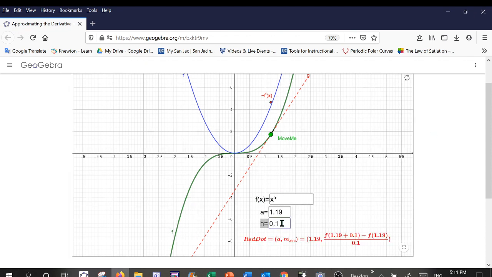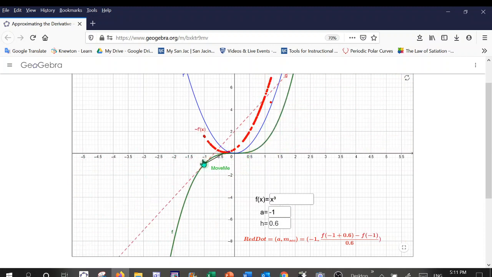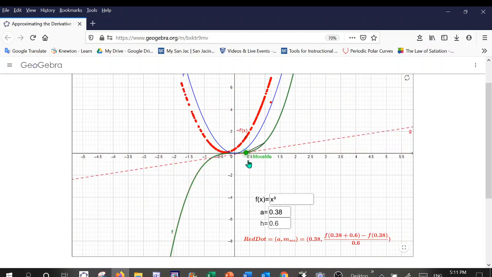All right, so if I make this maybe 0.6, there you go, 0.6. Now if I move this, you see it's missing. So the precision went down. It's supposed to hit the blue graph, and look at where it's hitting. It's hitting way outside of it. So if you're far from the point, you don't get good precision. So your h has to be really, really small. And that's the idea of infinitesimal, right?